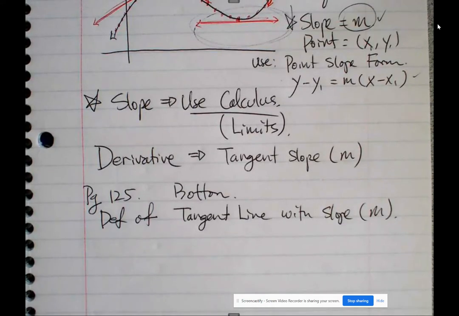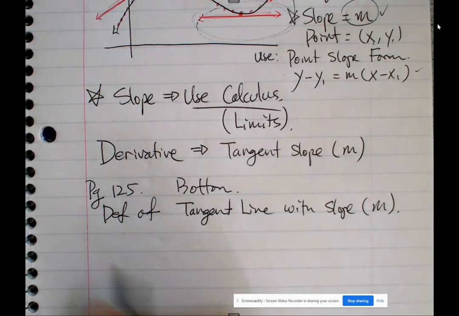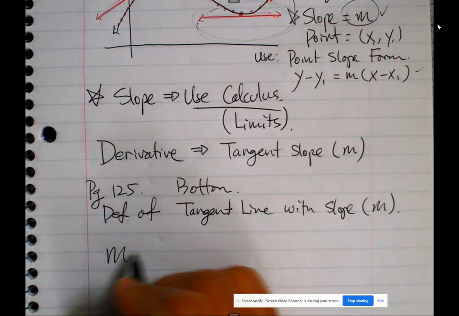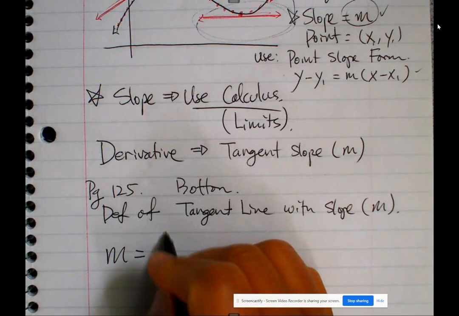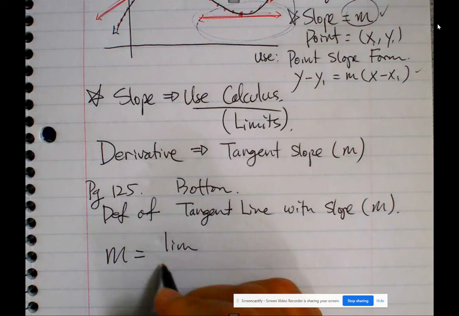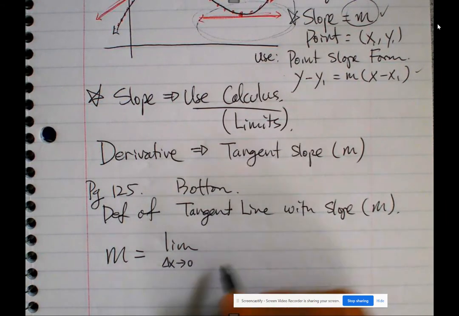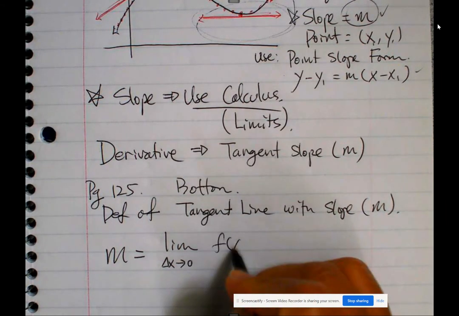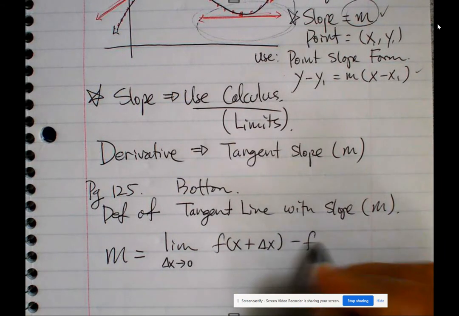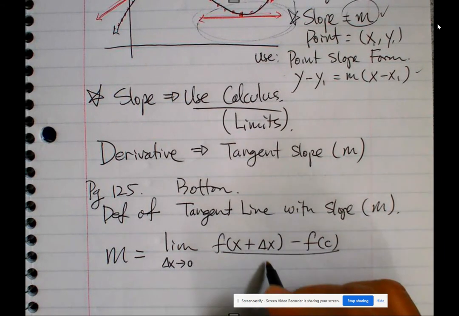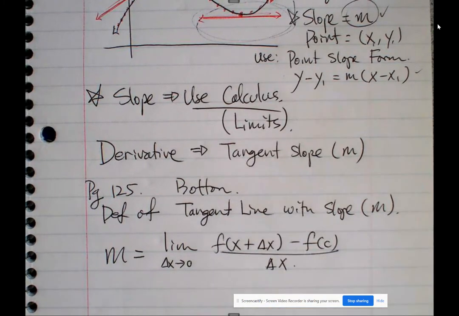Your book says the formula for m, which is your slope, is equal to the limit as change of x goes to 0 of f of x plus change of x minus f of c, all over change in x.